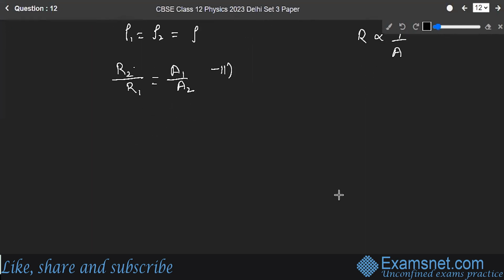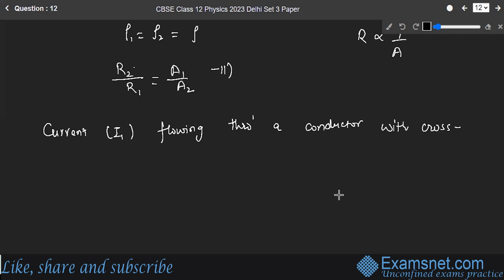Now the current I1 flowing through the conductor with cross-sectional area A1 is given by I1 is equal to A1 into N into V into mu1.